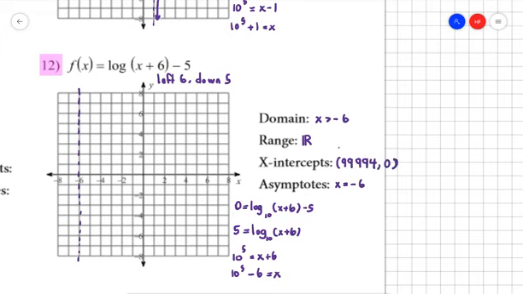So again, that's way off of our graph. We're going to take that point 1, 0, move it to the left 6 and down 5. Take our other point at 10, 1, left 6 would be 4, down 5 would be negative 4.